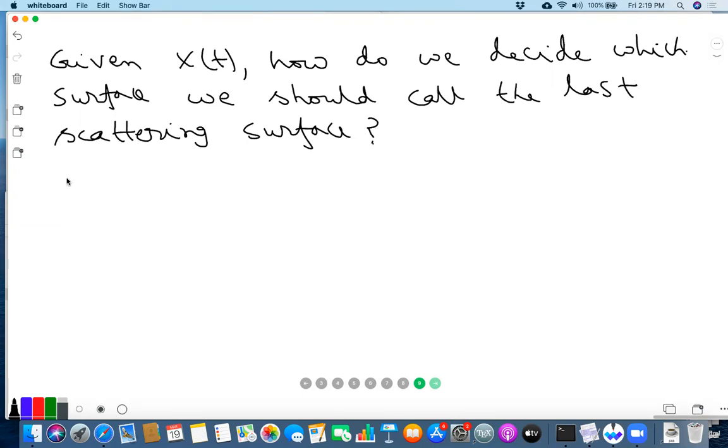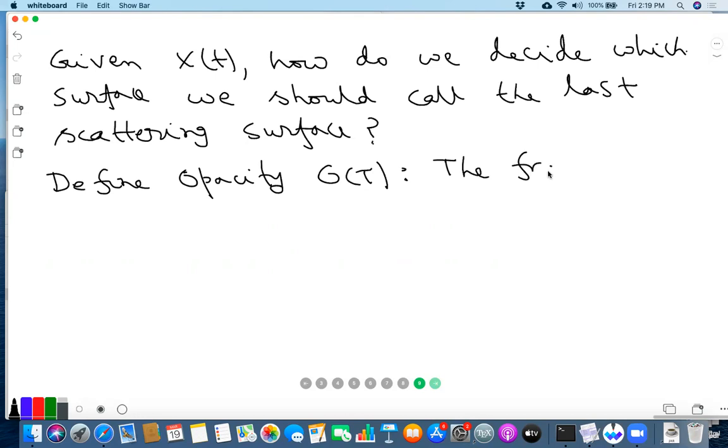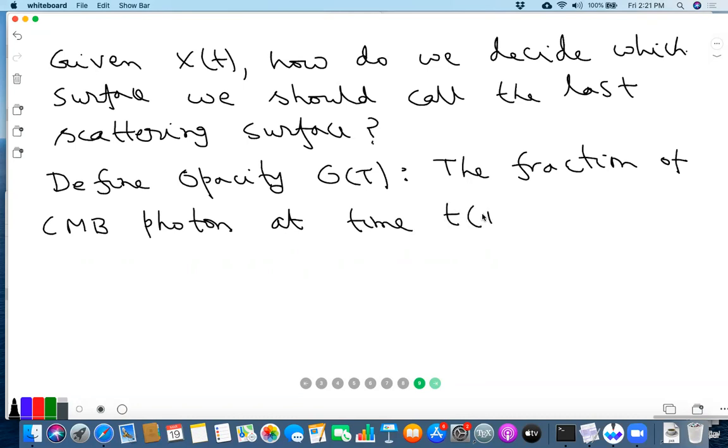And for that, we'll give some definitions. So we define what is called opacity, O of t. So this is a function of the temperature of the universe. This is the fraction of CMB photons at time t, which we'll think of as a function of temperature.